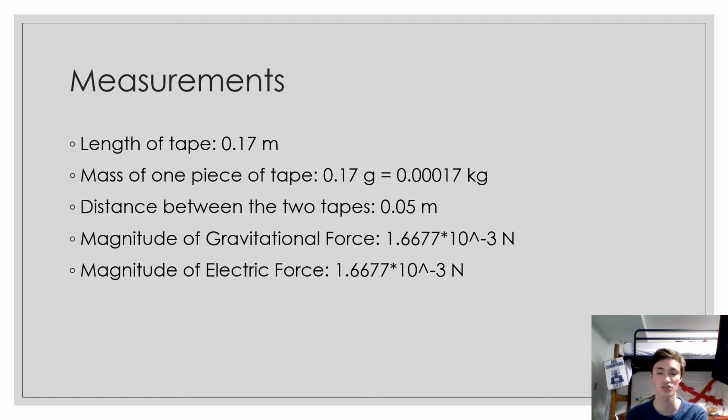The distance between the two tapes at equilibrium, which was 0.05 meters, and then also the calculated magnitude of the gravitational force, which is 1.6677 times 10 to the negative 3 newtons, and therefore the magnitude of the electric force, which had to be the same since the tape was at equilibrium, and that was also 1.6677 times 10 to the negative 3 newtons.